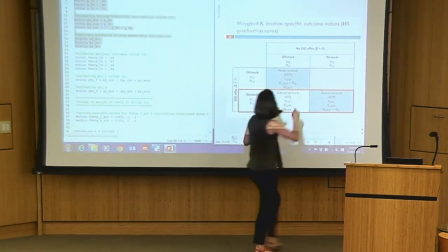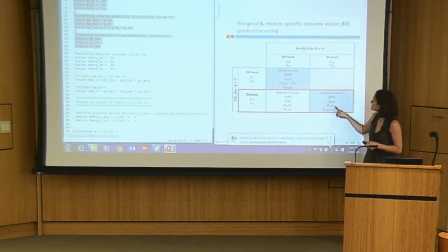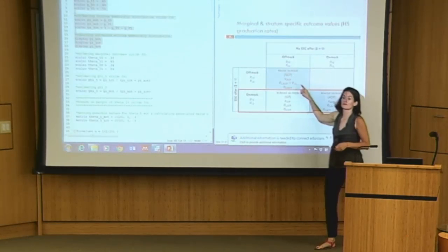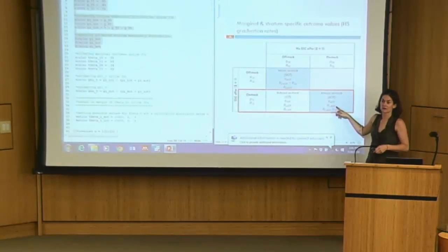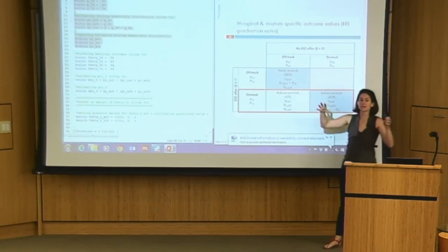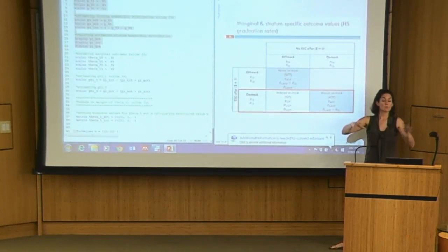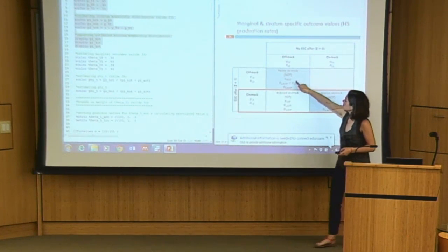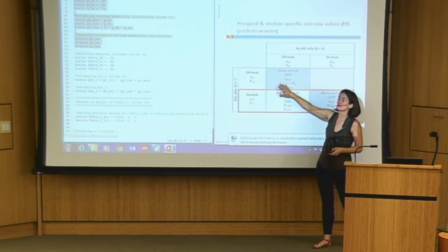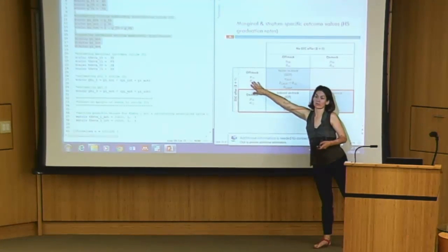Some of these stratum-specific values, because of this no defiers assumption, can be point estimated. There are 2 here, 2 here, 2 here. There are 6 values in total that we want to be able to inform. We're able to point identify for the never on track students the average of the outcome or the proportion under assignment to the treatment condition.